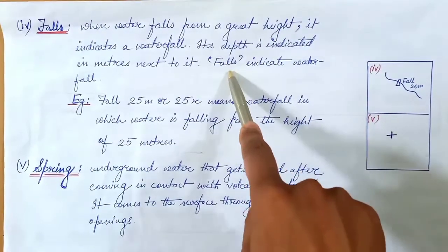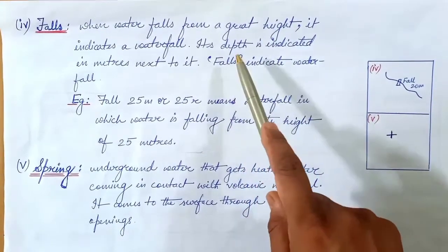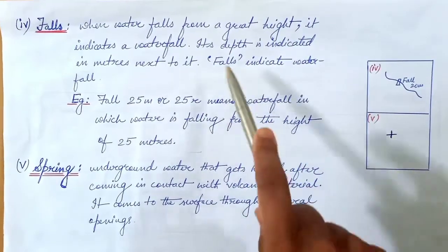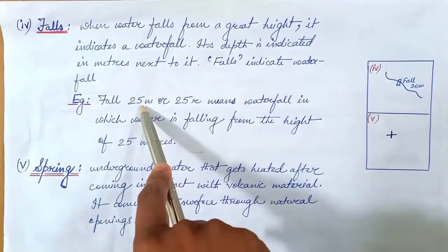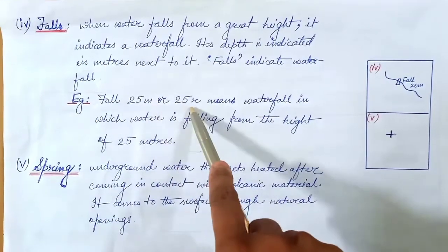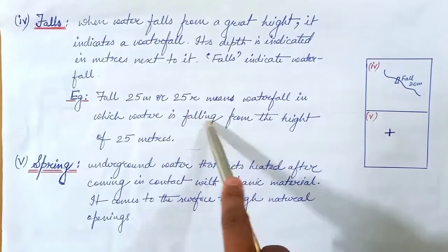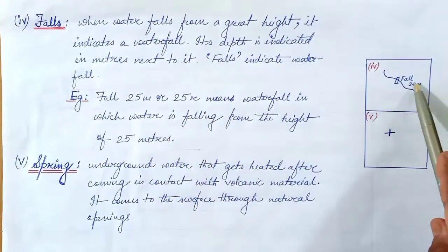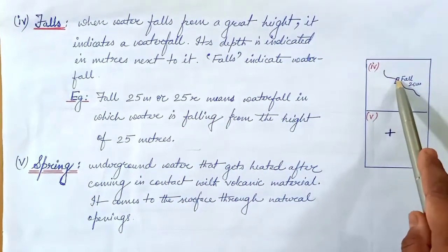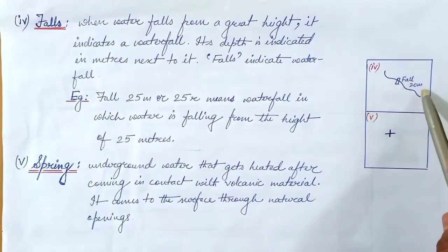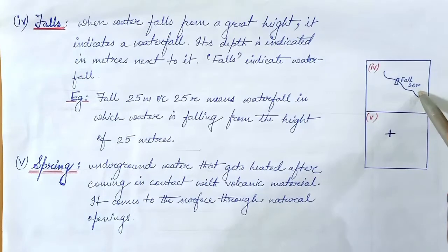Like in a topographical map, a waterfall will be indicated by this word called falls, and suppose its depth is 25 meters or 25 R, that is relative depth, it will be mentioned next to the word fall. So you can see this water falling from a great height over a rock, and the word fall is mentioned with its height or depth.